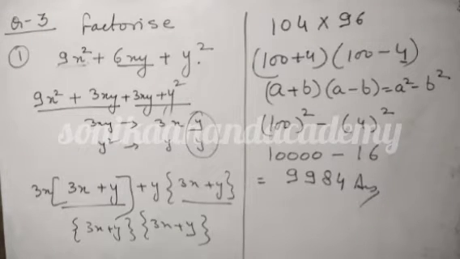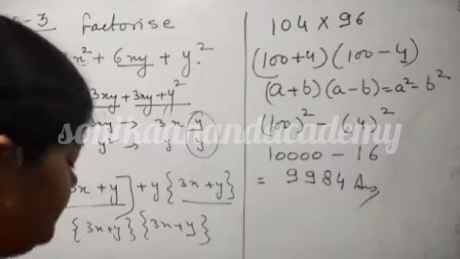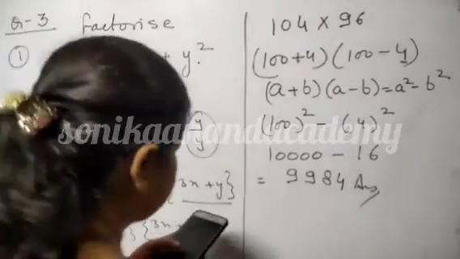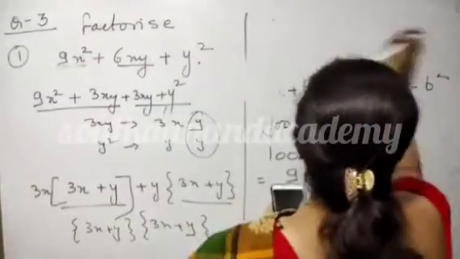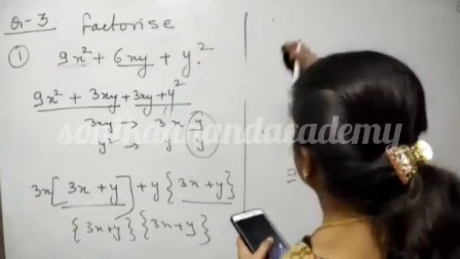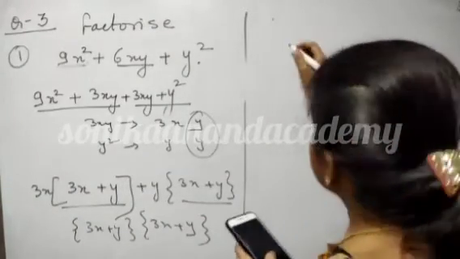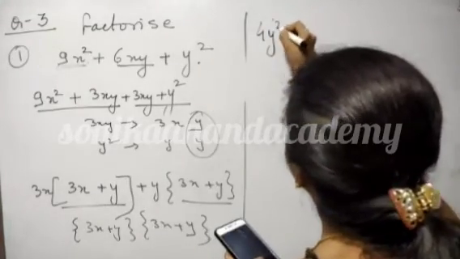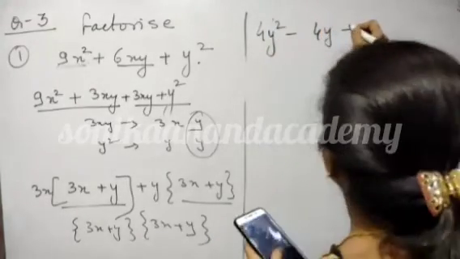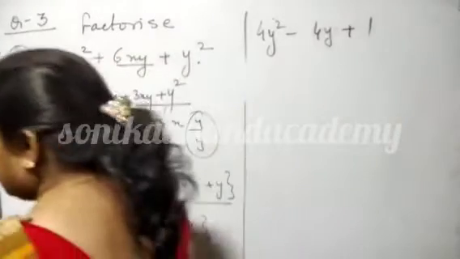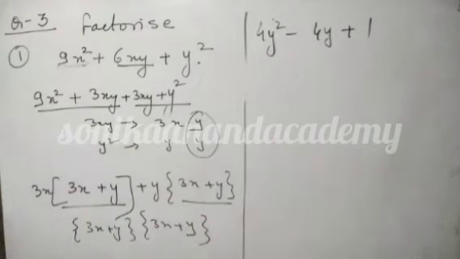Now the next question I'm going to discuss with you: 4y square minus 4y plus 1. Now I'm going to explain another method by which you can factorize.